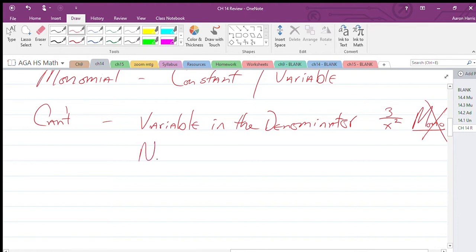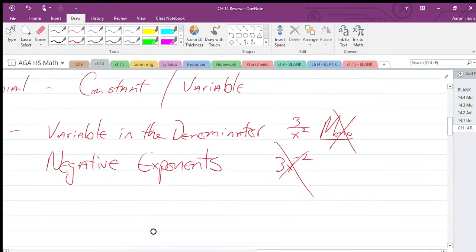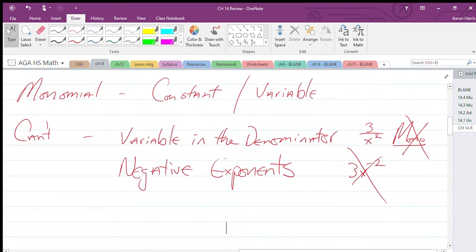So no negative exponents. So if I had 3x to the negative 2, this is not allowed. Okay, no negative exponents. So we want to make sure that, okay, and then that's pretty much, oh, no fraction, no exponents that are fractions.